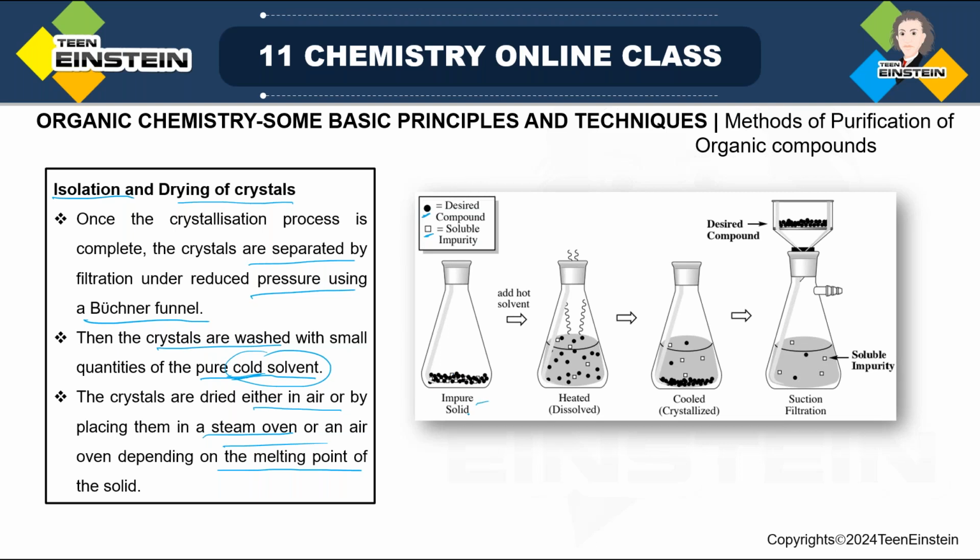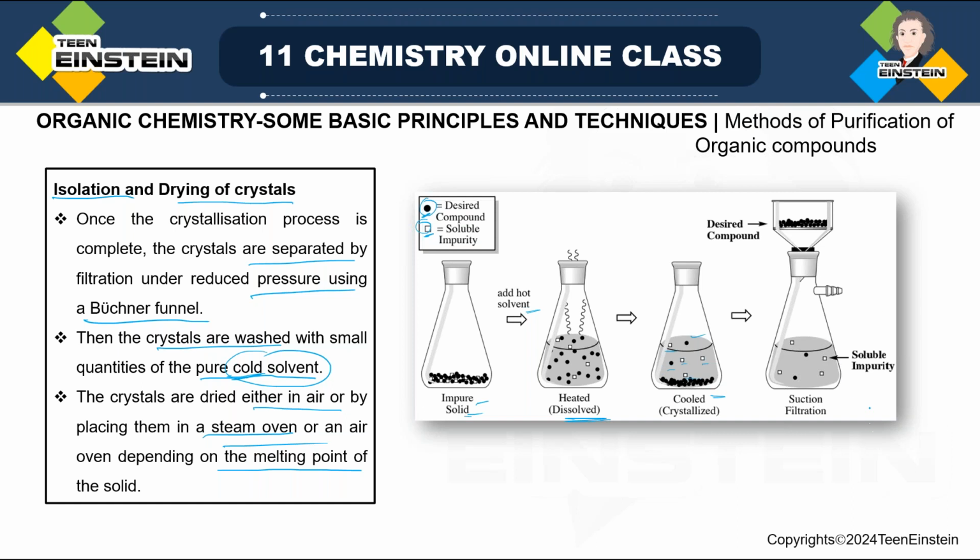So you have some impure solid. Look at the signs of these two. Then you add solvent, you heat it, and it dissolves. Now we are cooling it, some crystals are appearing, and look at the impurity, it is still in the mother liquor, though some amount of desired compound can be there.